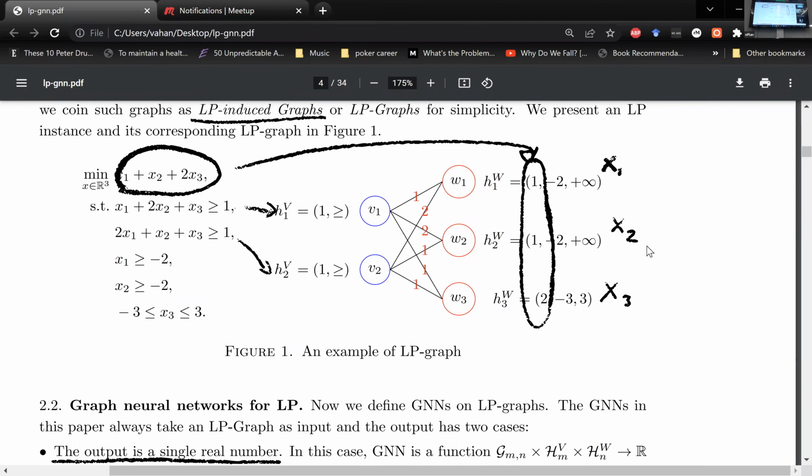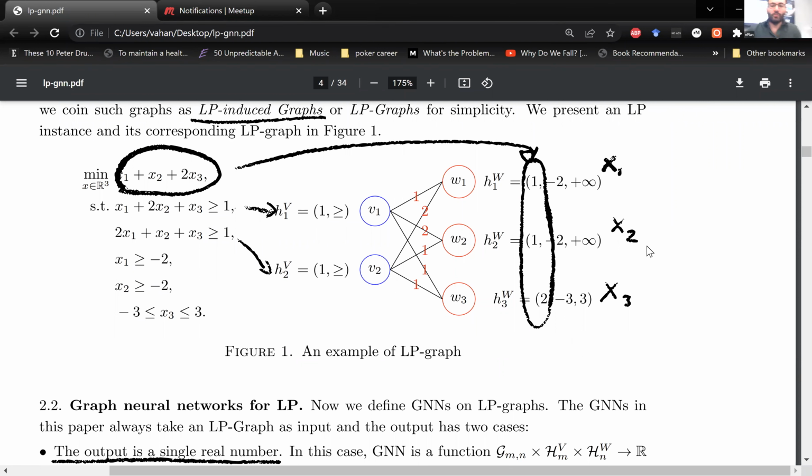You also have features for constraints, which is more interesting, because here one of the features is an inequality sign. You have inequality or equality, representing your constraint type. And the other one is the right-hand side. Those are your feature dimensions.